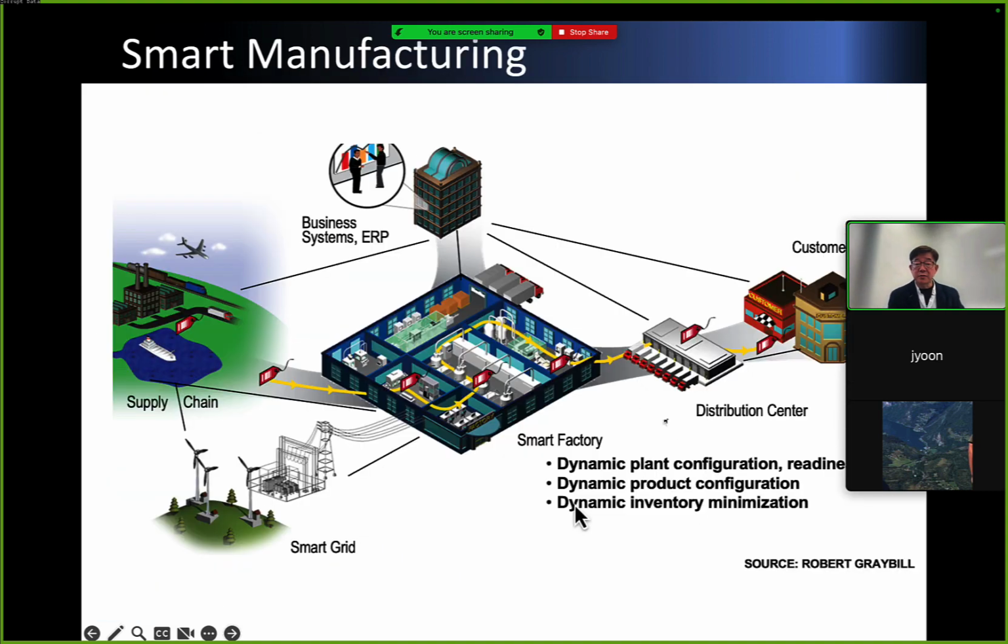Smart manufacturers: dynamic plant configurations and readiness, dynamic product configurations, dynamic inventory minimization, all should be monitored. What that means is that they should be sensed.